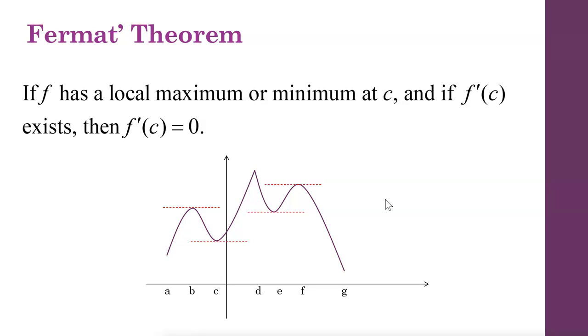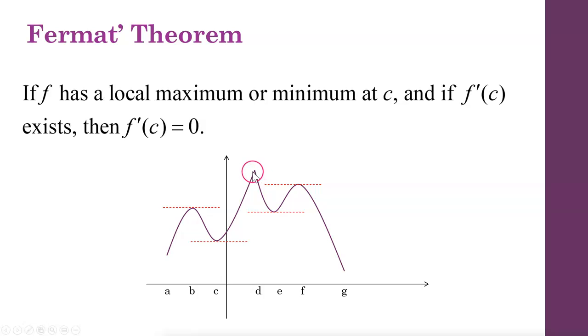So the derivative being 0 means if I drew a tangent line, I would end up with a horizontal tangent. And that should make sense. If I have a peak or a valley, all the way at the top, I should have a horizontal tangent. So at 4 of the possible places where I had local maxes or mins, the derivative was 0.